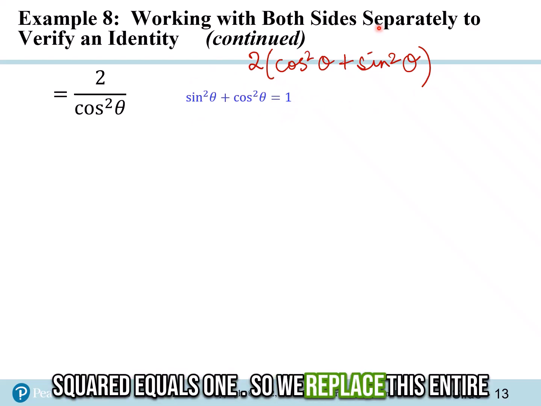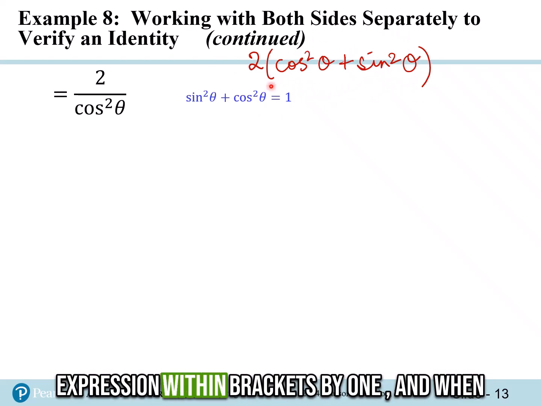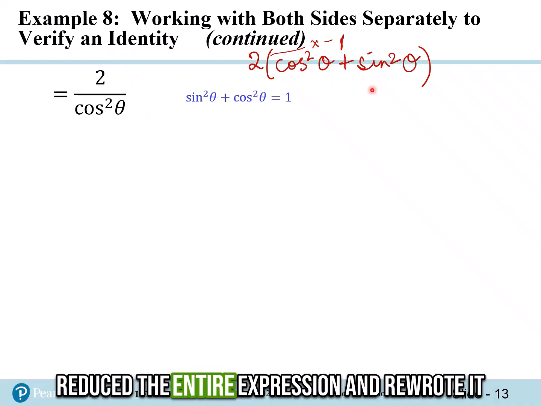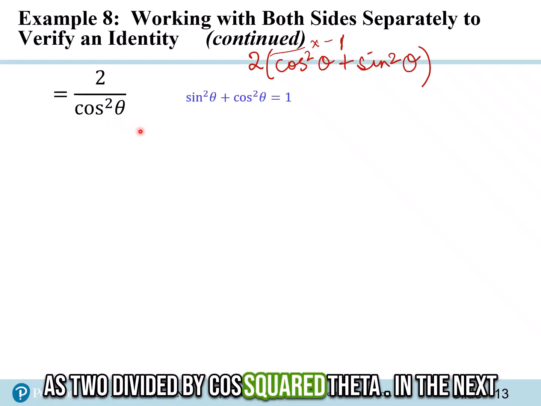So we replace this entire expression within brackets by 1, and when we did that, 2 times 1 gave us a 2. So we reduced the entire expression and rewrote it as 2 divided by cos squared theta.